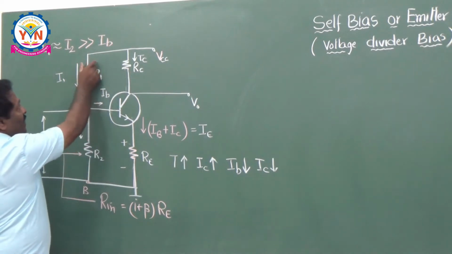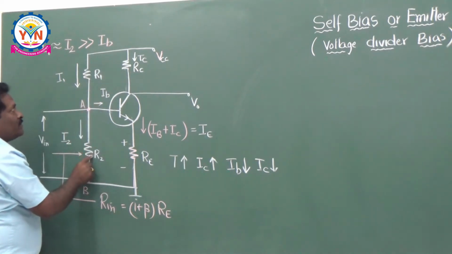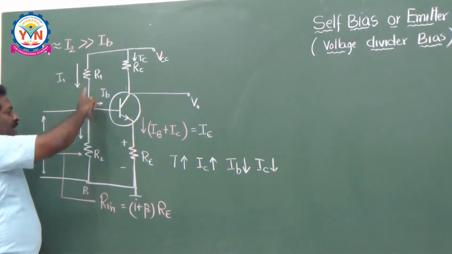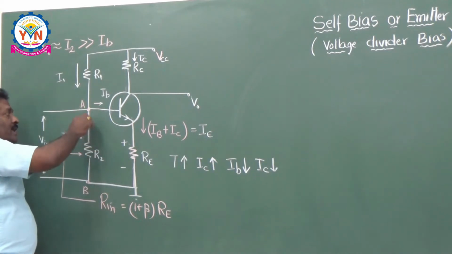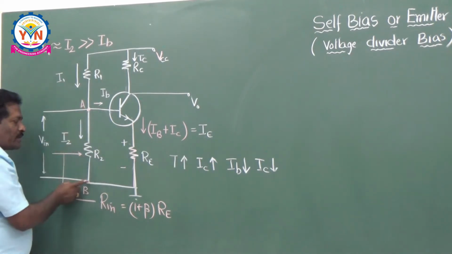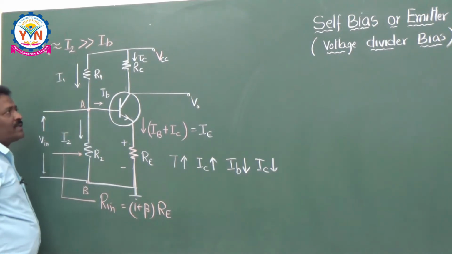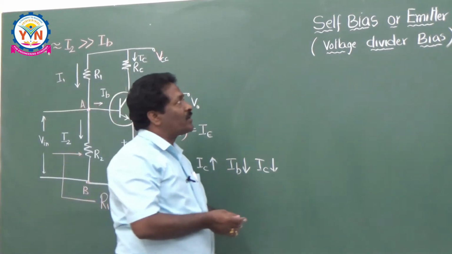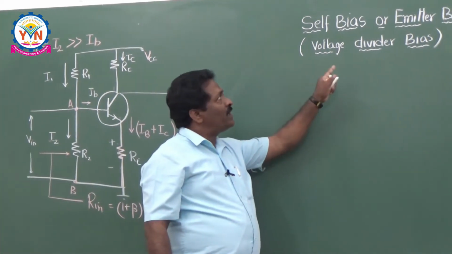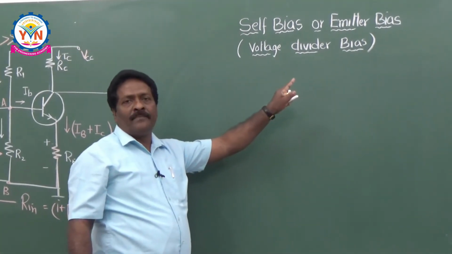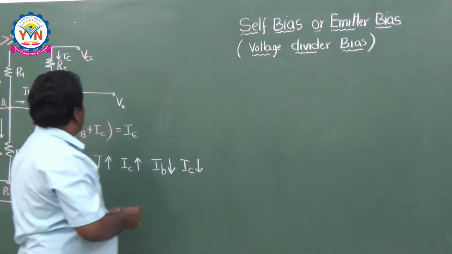The voltage is divided across R1 and R2, some voltage V1 and V2. So the voltage is divided into two parts. That's why it is also called a voltage divider bias. That is the reason we have named the circuit self-bias, emitter bias and voltage divider bias. So now let us analyze this circuit.